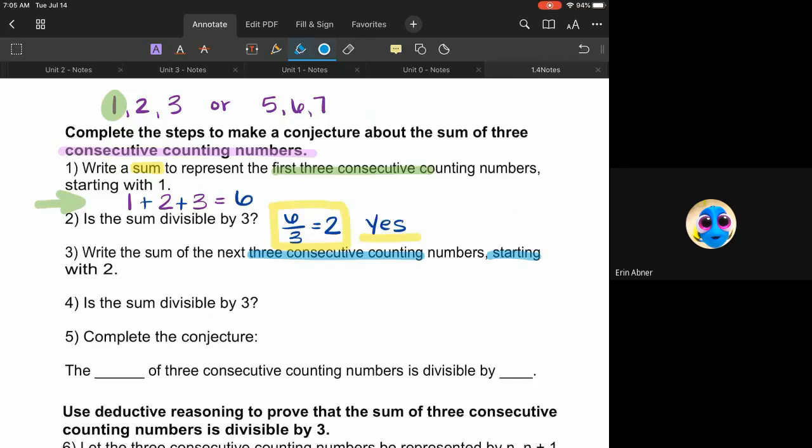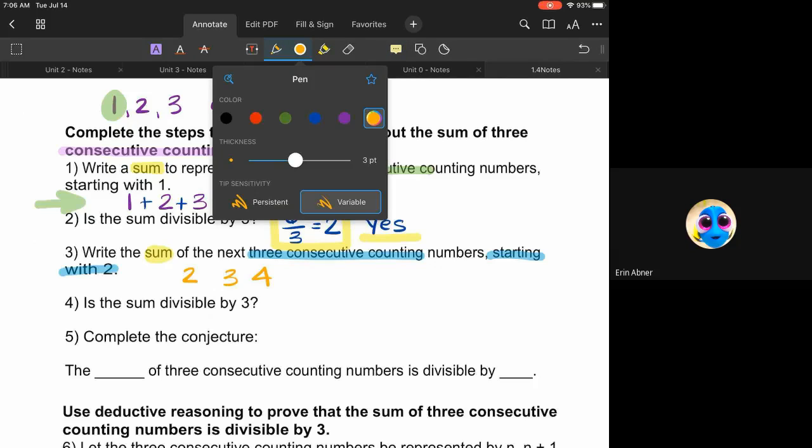What are they asking for this time? Again, they want a sum, which means we're adding again. So let's go 2, 3, 4.